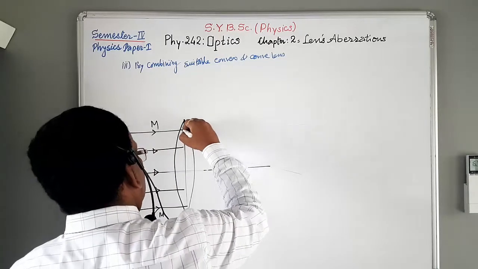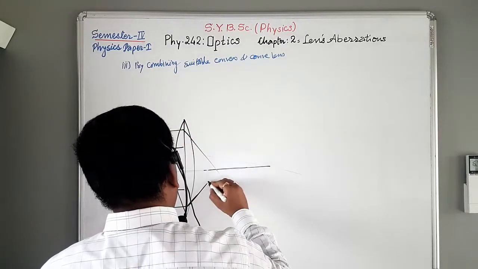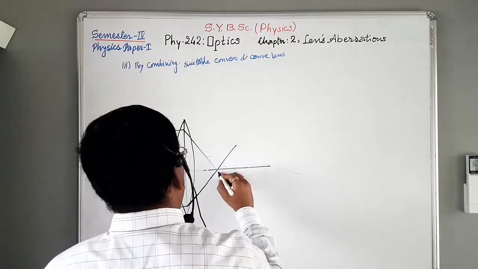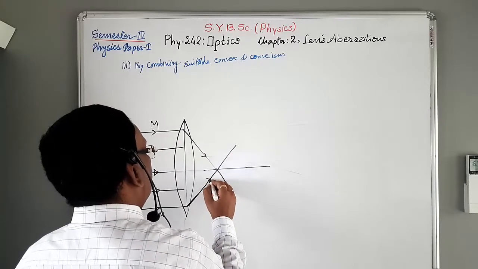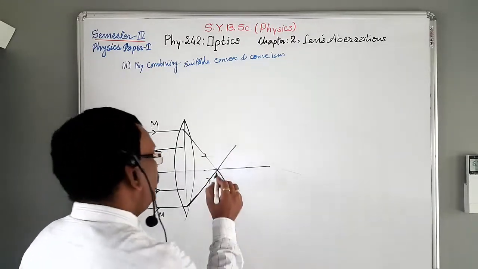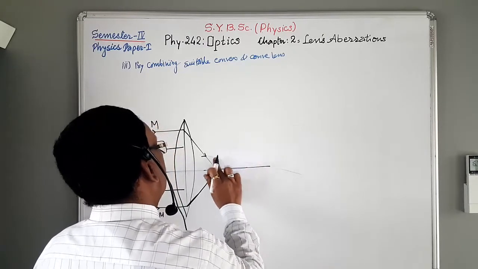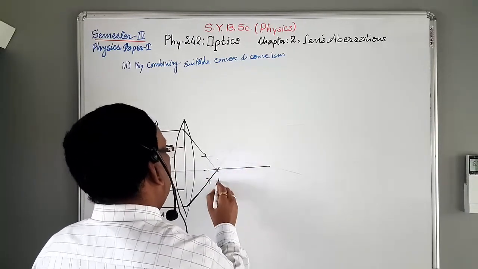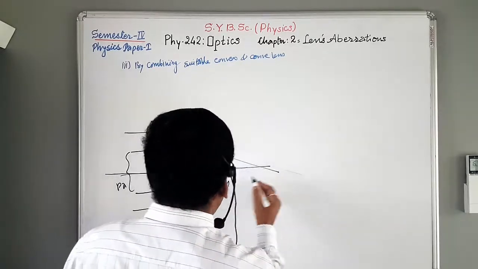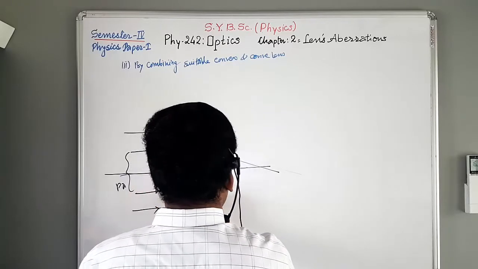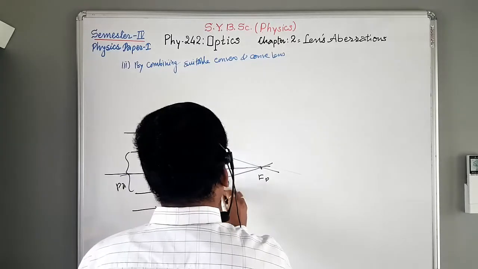We observe that due to large deviation, marginal rays after refraction come to focus at this point F1, and paraxial rays come to focus here, Fp.